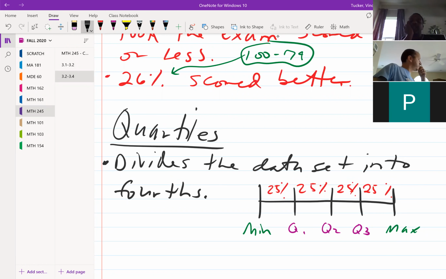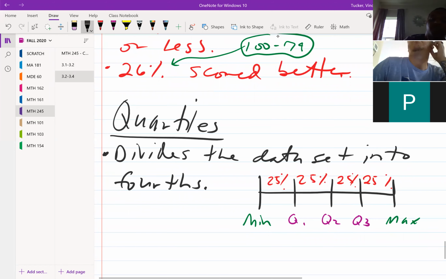All right, so your quartiles, they're just values that divide your data set into fourths. So we're looking at quartile 1, 2, 3, with your max and min being bookends. They'll split up your data into fourths.